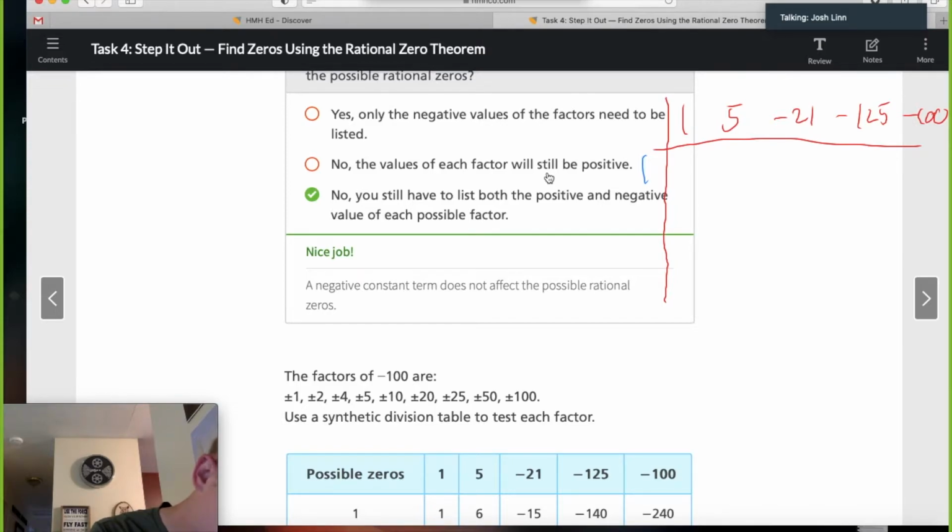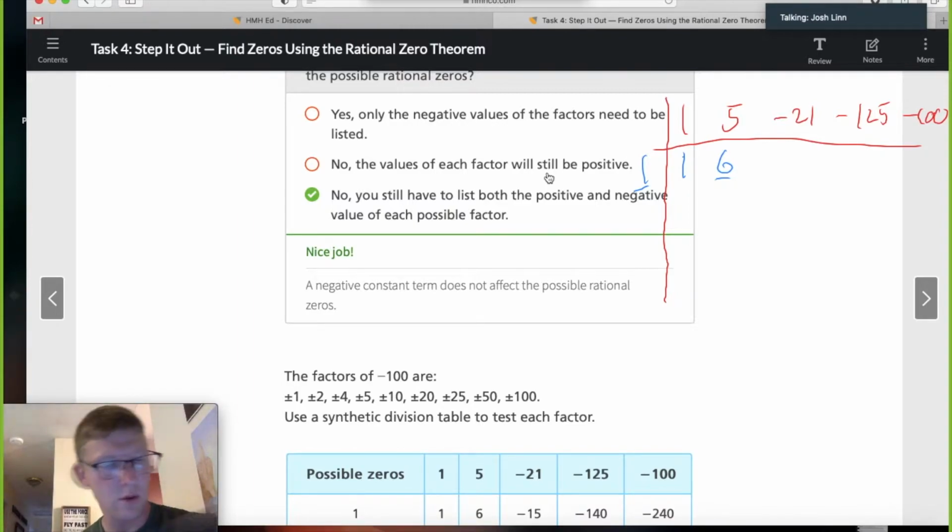So the first number comes down. 1 times 1 is 1. You're going to add it to 5, so we're going to get 6. 6 times 1 is 6. You're going to add it to negative 21.